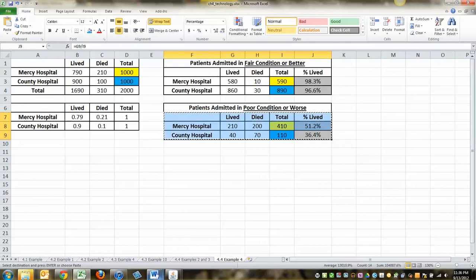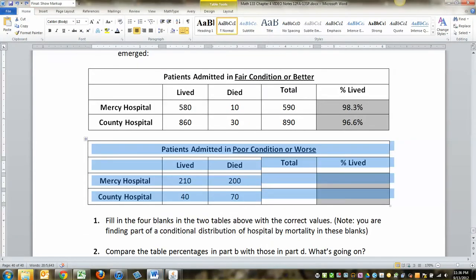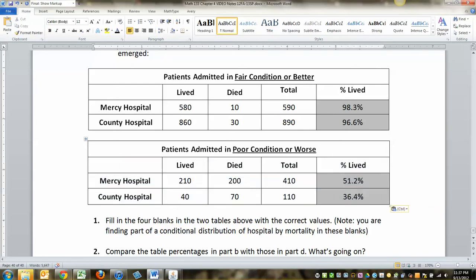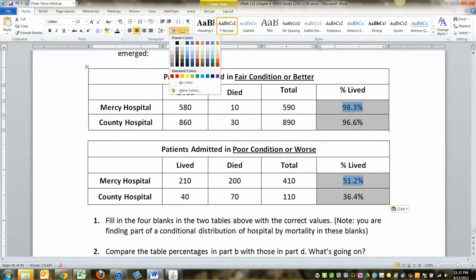Hold on. Let me go back. Okay. Oops. Hold on. There we go. Now I got it. Okay, so look. I'm going to make Mercy yellow, just so you can see. Okay?